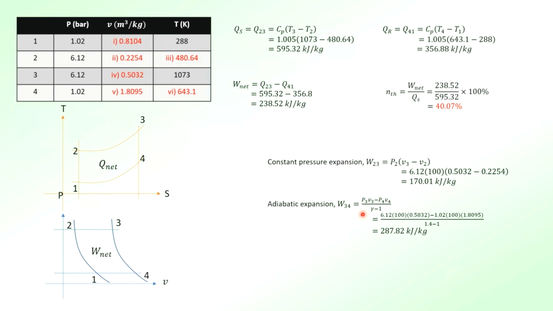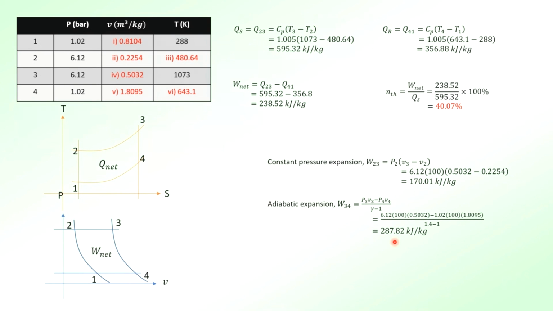You can find this formula by using the integration method to find the area under the curve for 3 to 4, where 3 to 4 follows the law PV to the power of gamma equals C. So from there, you will be able to find both works. If you don't want to use the integration method to prove it, you can straight away apply this formula to find the work, or you can apply Cp (T3 minus T4).